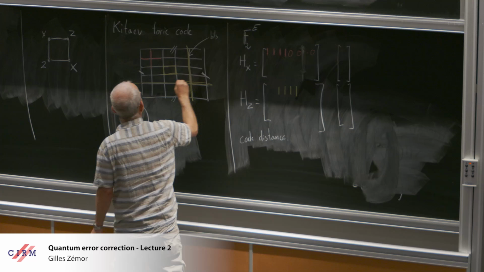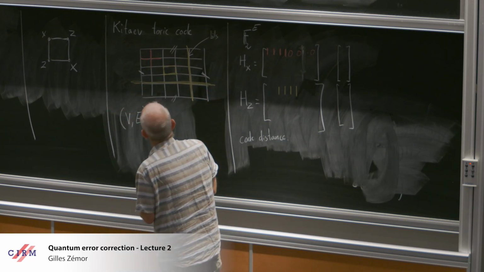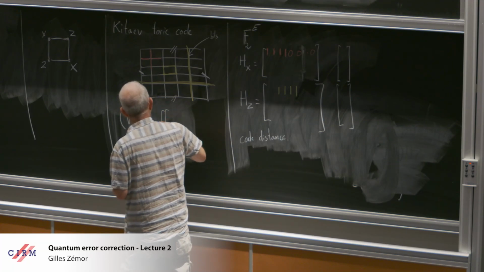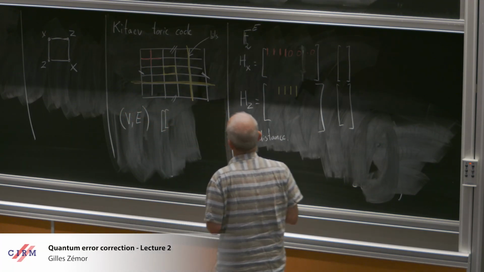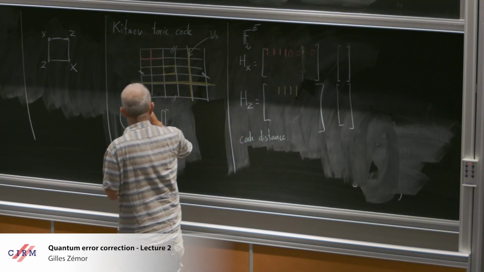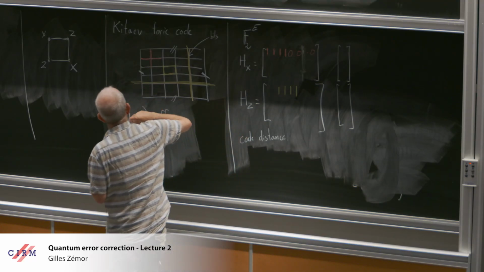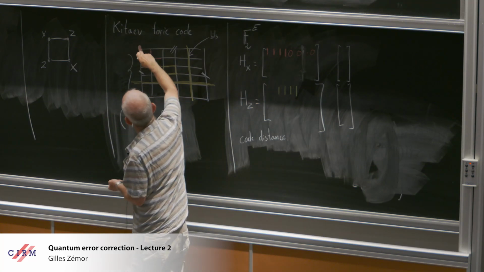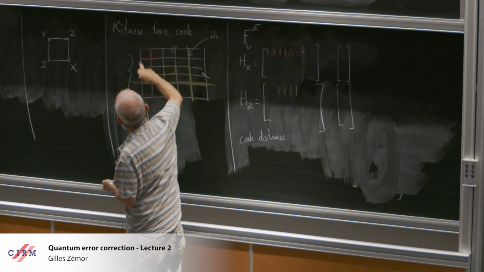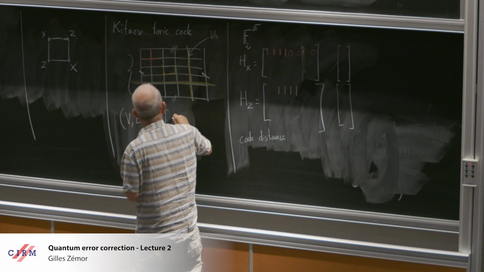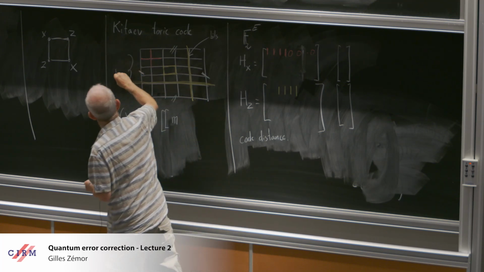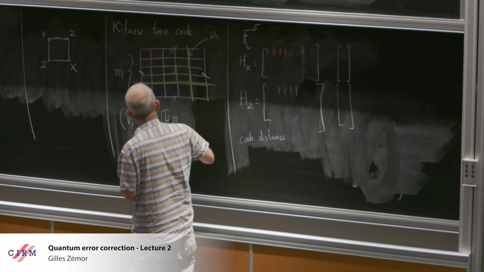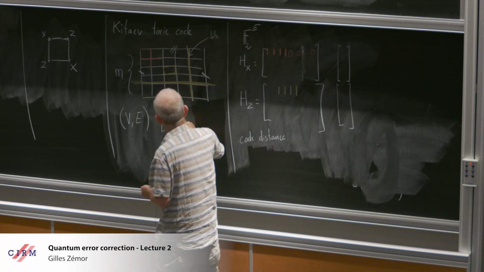And also vertically. So one can compute the parameters of the code. So if you use the length, okay, m, for your grid, the number of edges will be 2m squared.